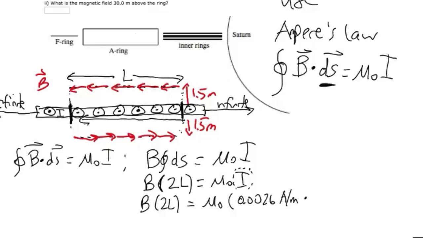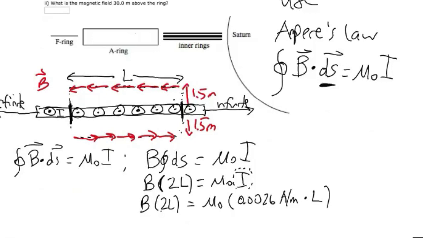That's already given as L. So this is how many amps come out for each meter of this distance times L. Notice that I do not have to include this. It's not 2L because it's just going in one direction. Every meter I go this way in one direction adds 0.0026 amps of current. Similar to a linear charge density, but it's a linear current density.